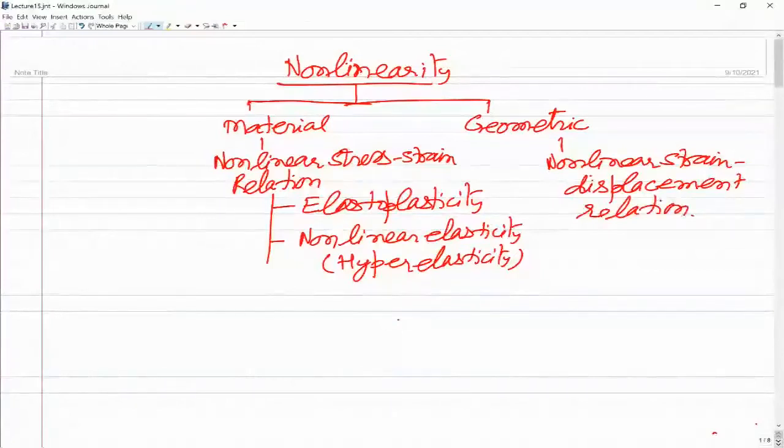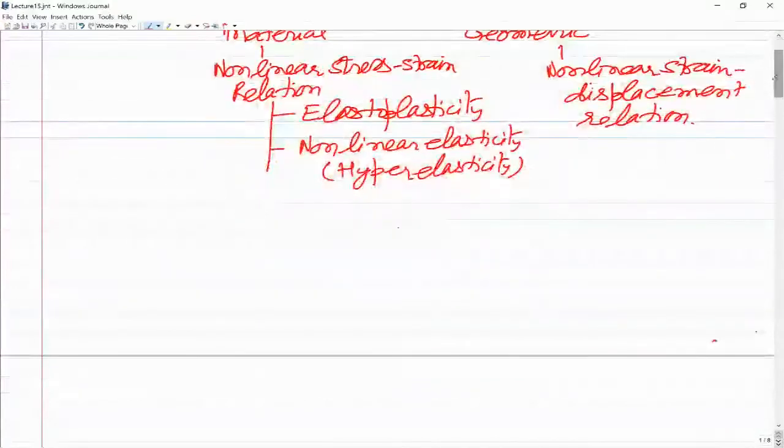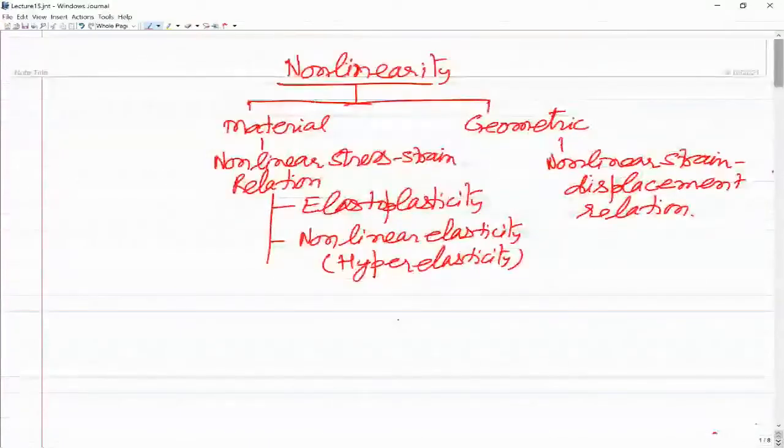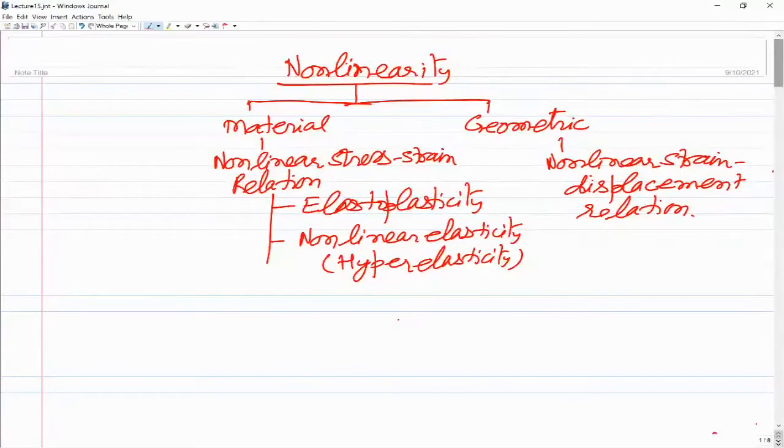Under these categories, in elastoplasticity there is a plastic deformation. In elastoplasticity you could have finite deformation, or you can have infinitesimally small deformation. We are going to consider infinitesimally small deformation.